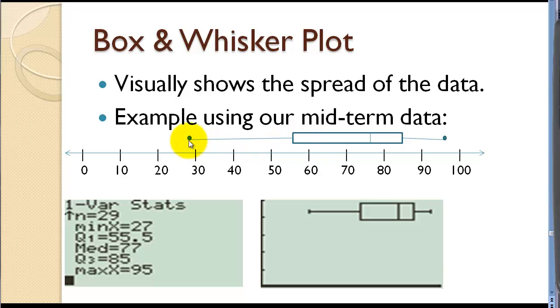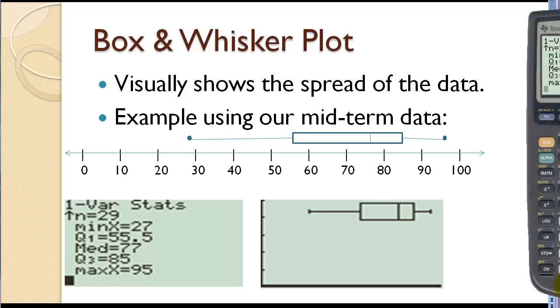And these points in the end are our min and max. So this is the box, and these are our whiskers. So this is the middle data. So our data above the median was a little bit more tightly collected, or tightly dispersed, and on the bottom end we were more spread out.